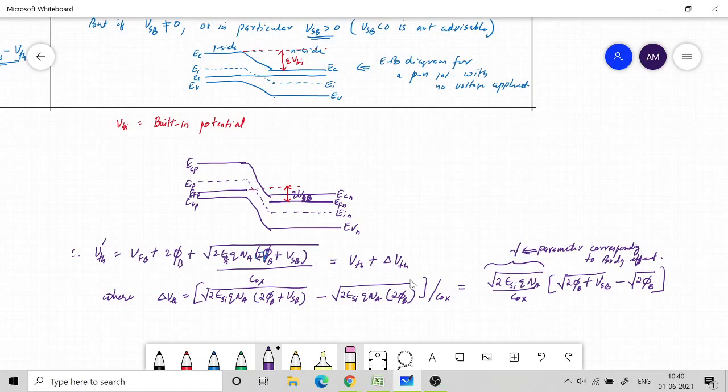It will increase the depletion region, and if it increases the depletion region, it will increase the depletion region charge by some amount.